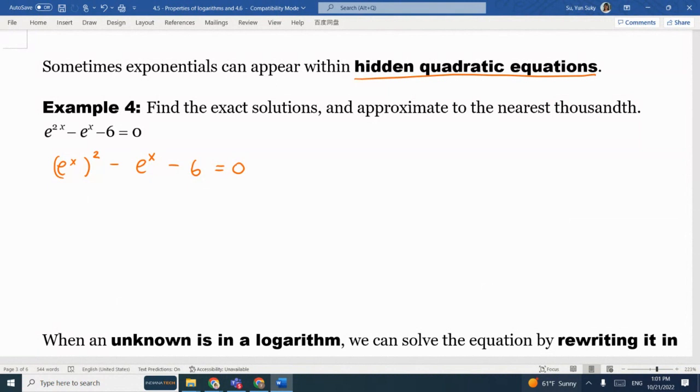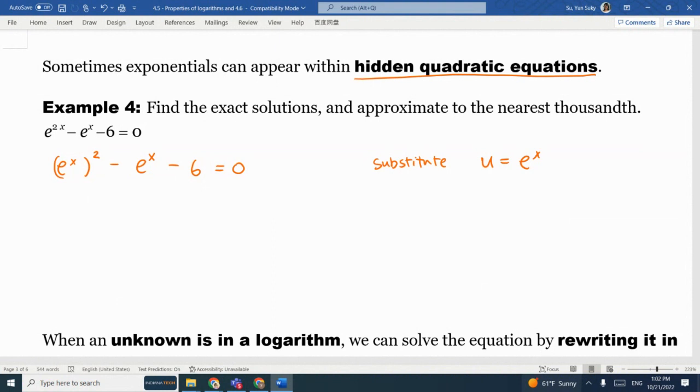What does that mean? Because you see, this term is the constant term, and this term is e to the x. But this guy is this guy squared, right, everybody? So now let's make a substitution. Let u be e to the x.